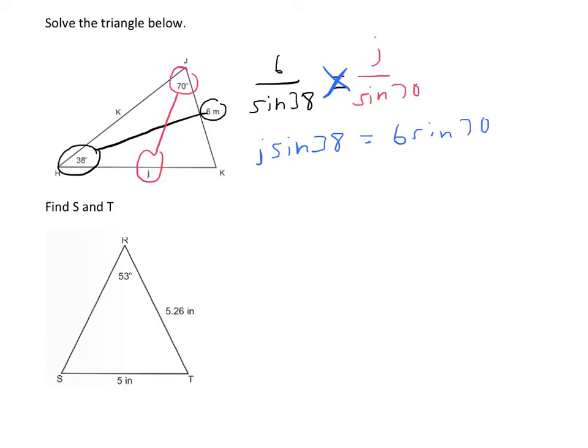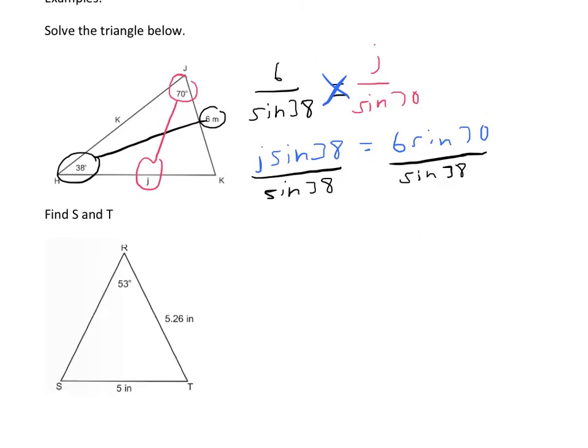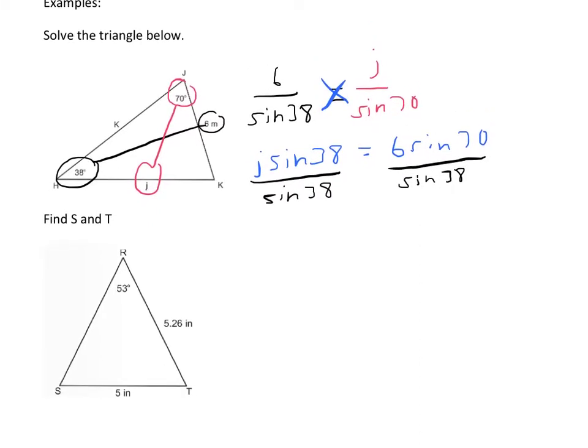Now remember, we're solving for j. So we're going to divide both sides by sine 38. Again, sine 38 is a value, so 38 sticks with the sine. And to calculate that, we would punch in on our calculators 6 sine 70, and the calculator usually gives you parentheses there.